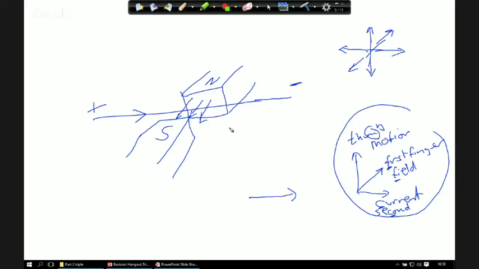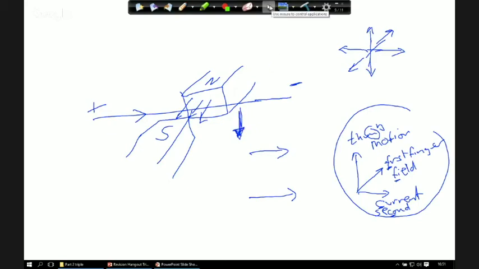So that will be my field lines, will be my first finger. So while keeping your second finger going to the right, now point your first finger back towards yourself, and you should see that if you're keeping your hand in the right position, the thumb is now pointing downwards. So in this example here, the wire is going to feel a force which is downwards.